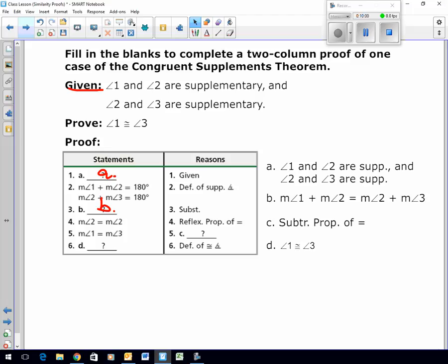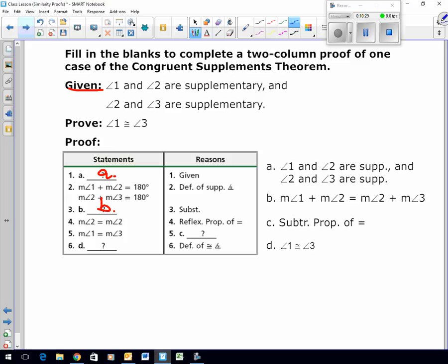From here, remember, this is what I'm trying to end up with, right? There's something rather fishy about this particular equation, right? What's on both sides of this equation? Angle 2, right? Angle 2 is equal to itself, correct? The reflexive property says this has to equal this, okay?